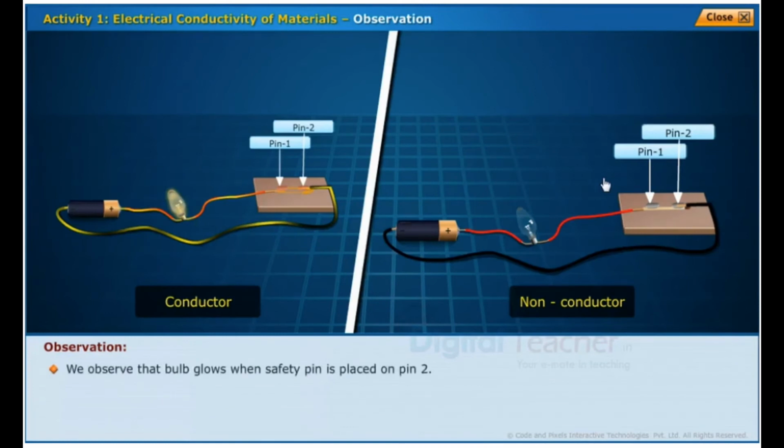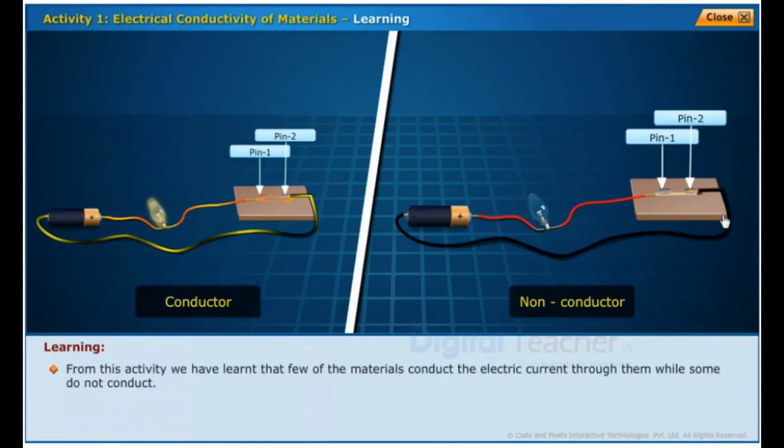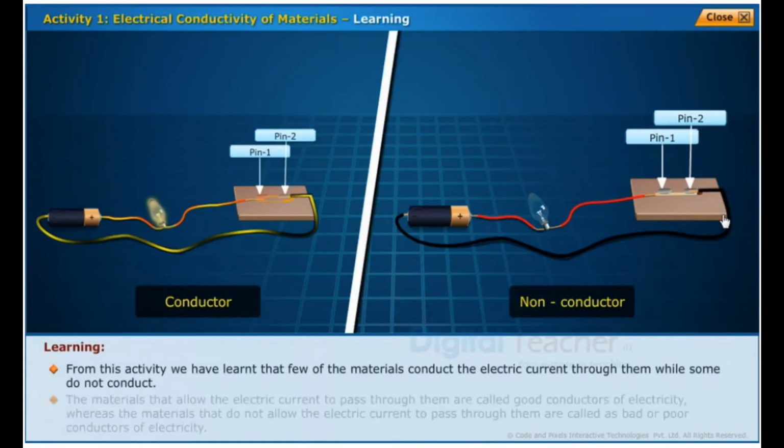We observe that bulb glows when safety pin is placed on pin 2. Similarly, bulb glows when nail is used in place of safety pin and it does not glow when pen, eraser, stick, pencil are used in place of safety pin. From this activity, we have learned that few of the materials conduct the electric current through them while some do not conduct.